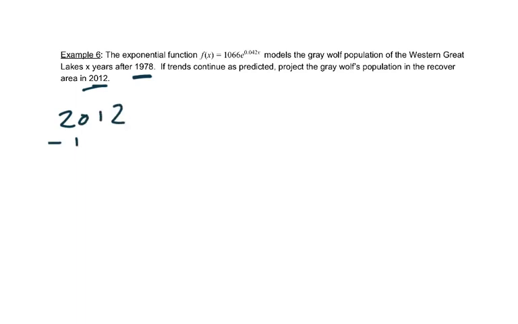So we subtract first. And we get 34 years. So that's telling us that x is going to equal 34 in our problem. And it tells us right there with x years.